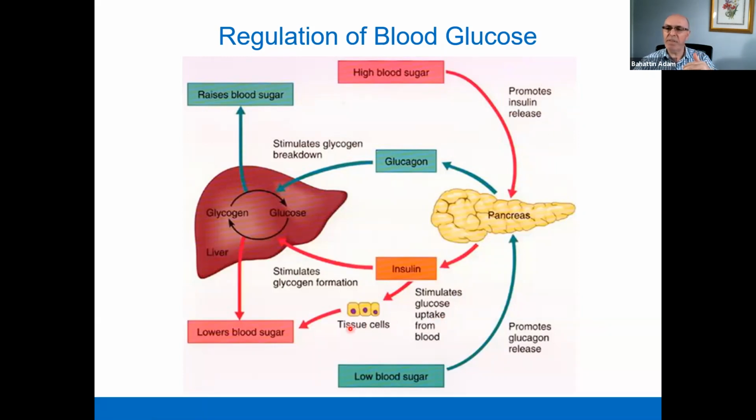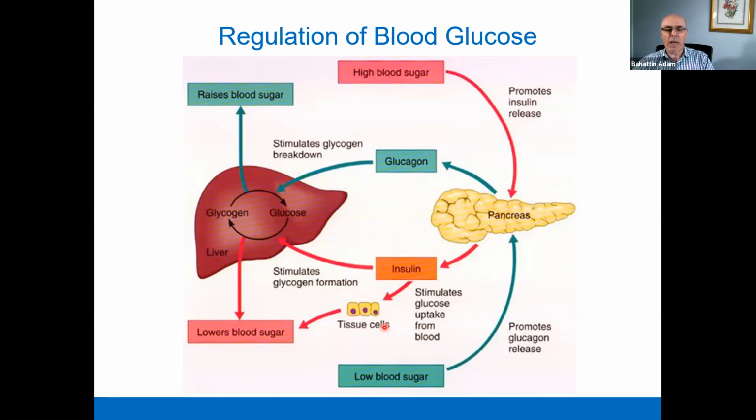That means it will decrease the glucose. It also stimulates glycogen formation in the liver. Via these two ways, stimulation of glycogenesis and stimulation of uptake of glucose into tissue cells will decrease the glucose levels.